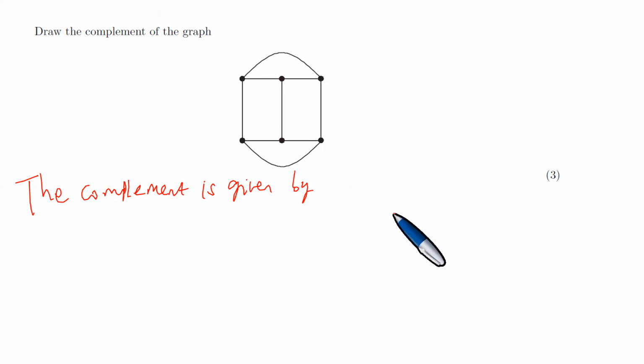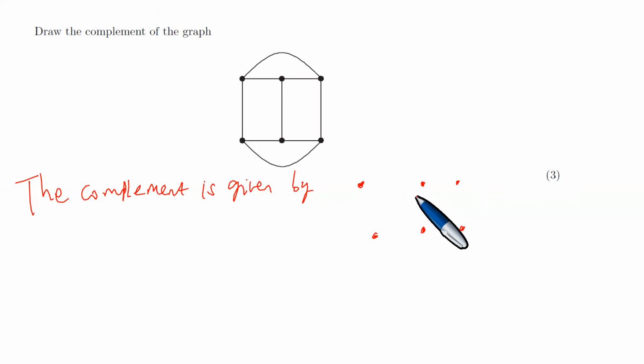To draw the complement, we normally just draw the vertices first. After having drawn the vertices, we connect the vertices that were not connected there.